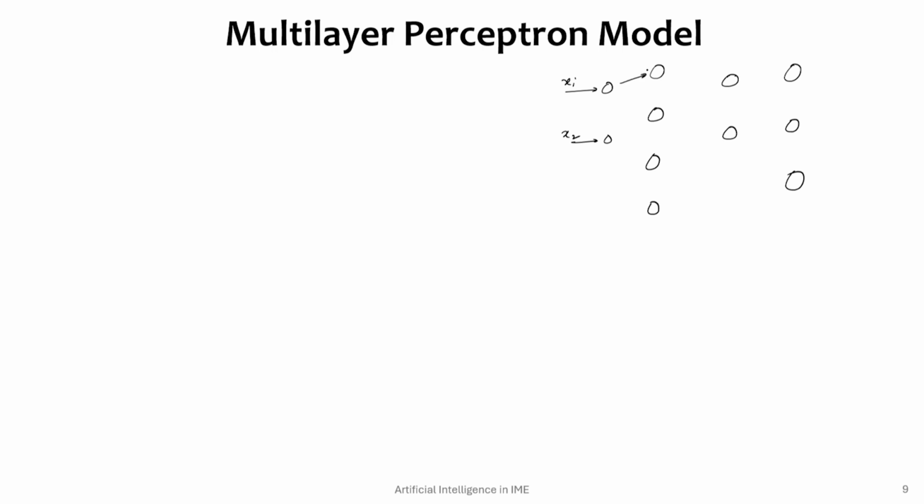Now these are connected, so let's say these all are dense layers. We have already introduced what a dense layer is. These are fully connected layers. That means each unit is connected with all the units in the next layer, right?